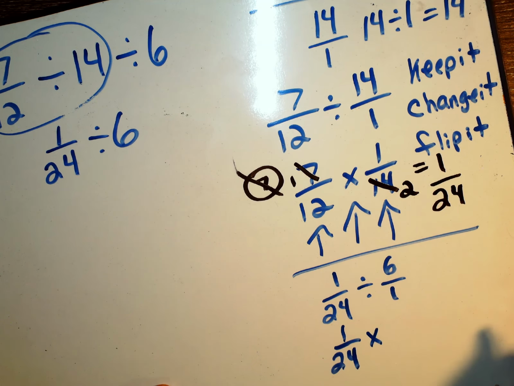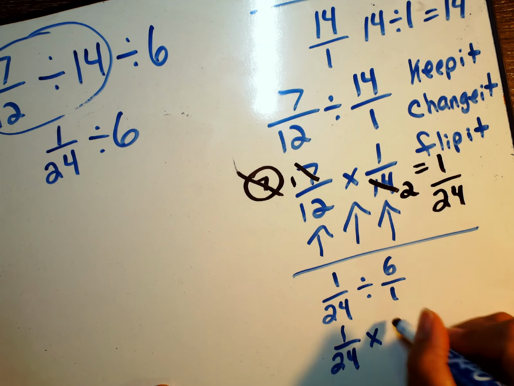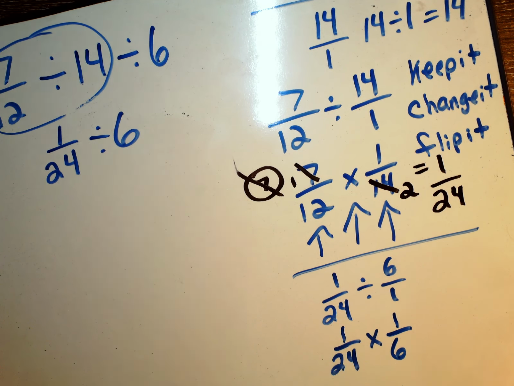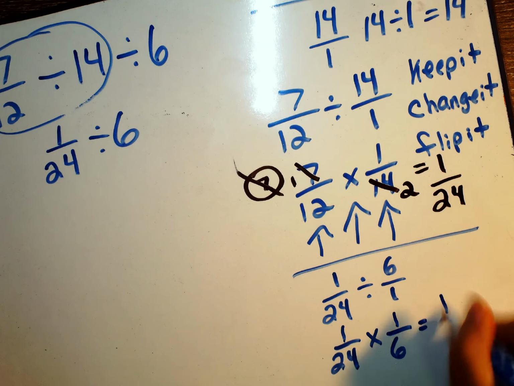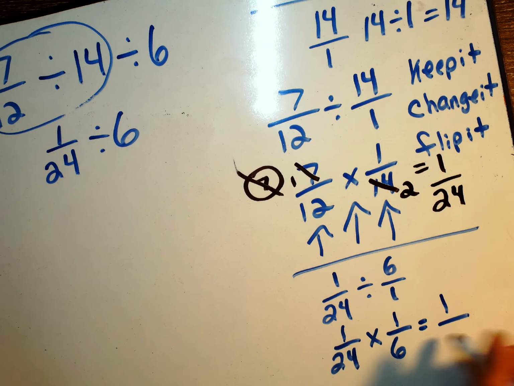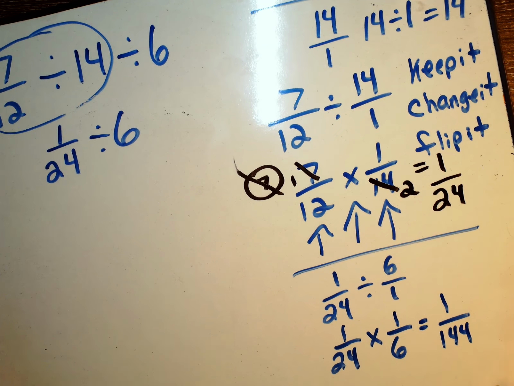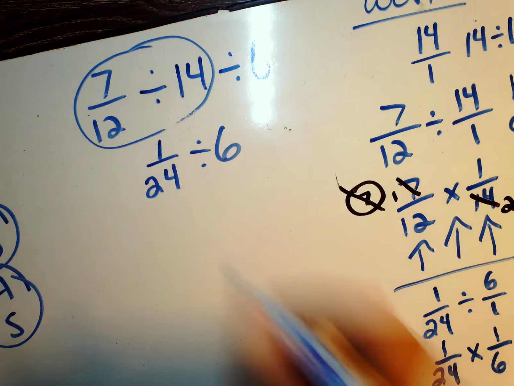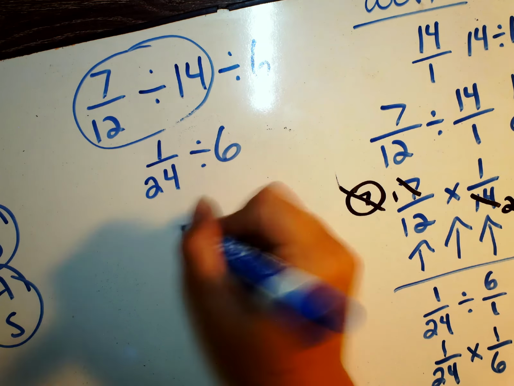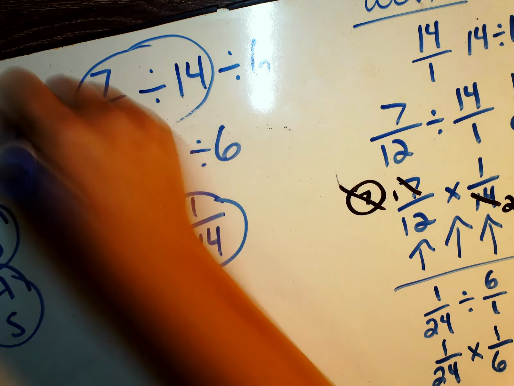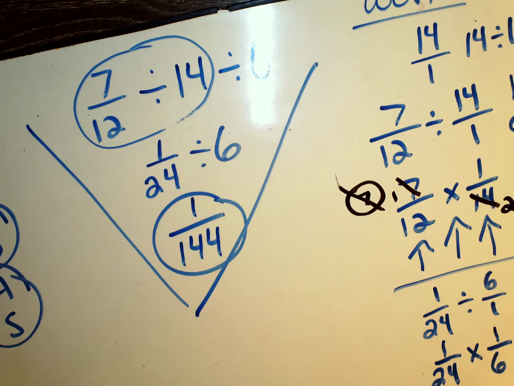Change it. Change division to multiplication. And then flip it. We're going to do the reciprocal. So 6 over 1 is now 1 over 6. So 1 times 1 is 1. And 24 times 6 is 144. I couldn't cross cancel anywhere, so that's why we went right to it. So we're going to write 1/24 divided by 6 is 1 over 144. And there's our V formation.